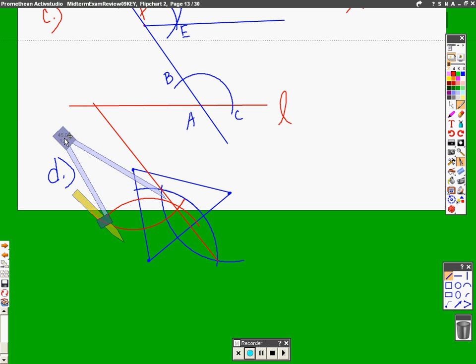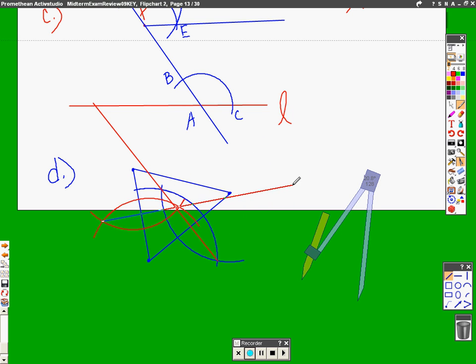As you can see, I did not go far enough. I need those 2 arcs to intersect. Okay, as you can see, right about here, the 2 perpendicular bisectors intersect. So this should be the circumcenter of my triangle.